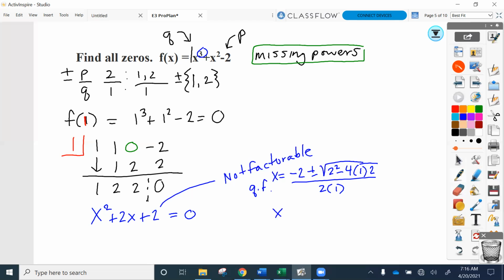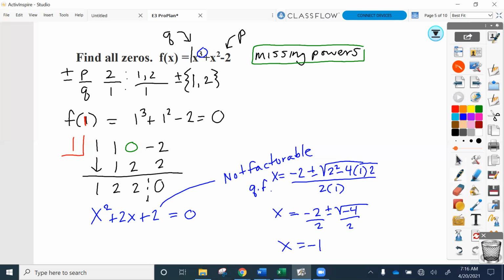So you simplify all of that and you'd end up getting x is equal to -2 plus or minus the square root of, let's see, 4 minus 8 is -4, over 2.